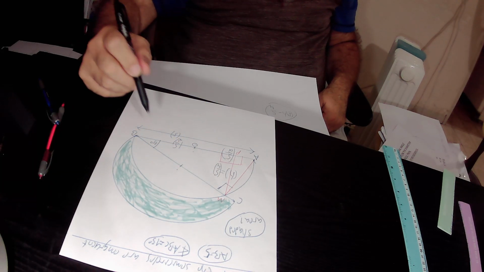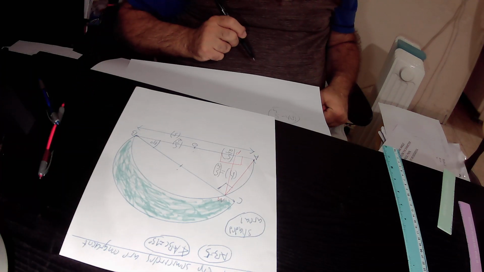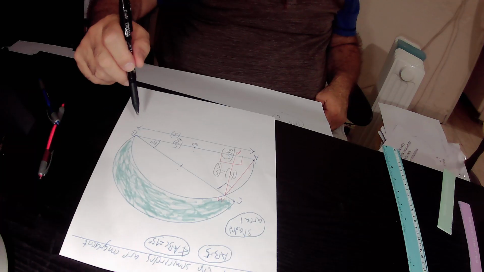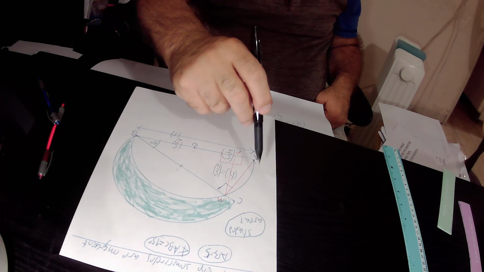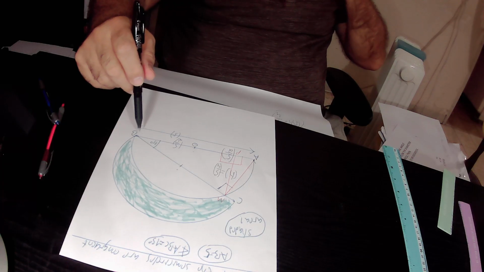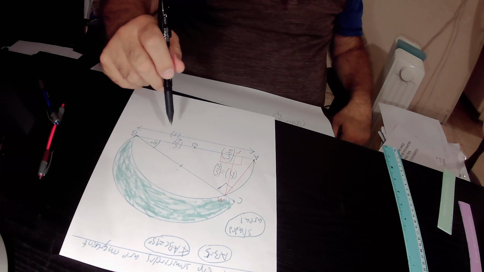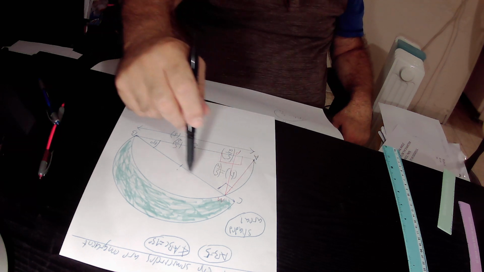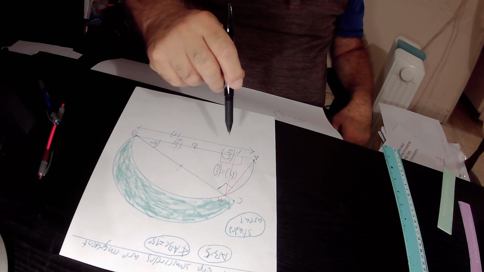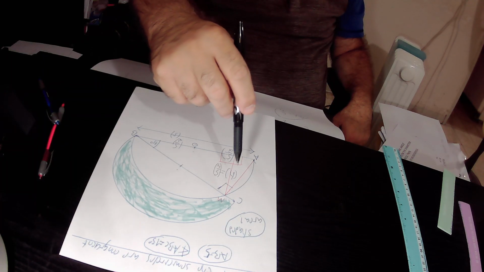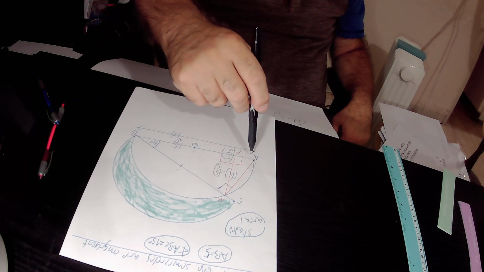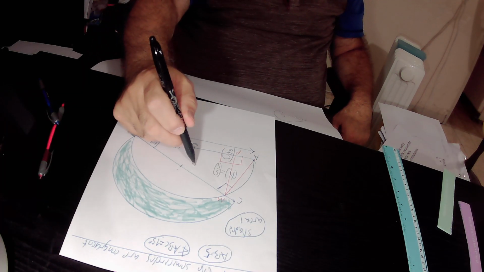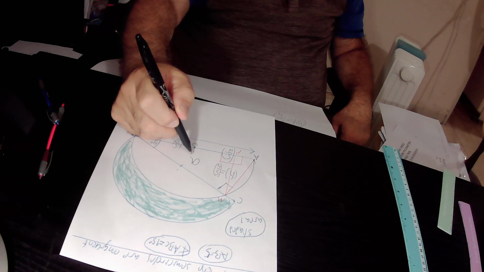Our task is to find the area of this shaded region. It is not a sector, but the area of this shape AB. We define the area of this shape AB as A, that is, it equals A square units in its size.